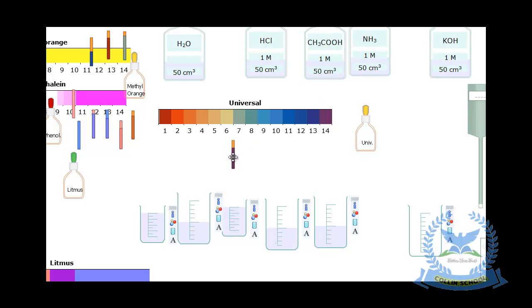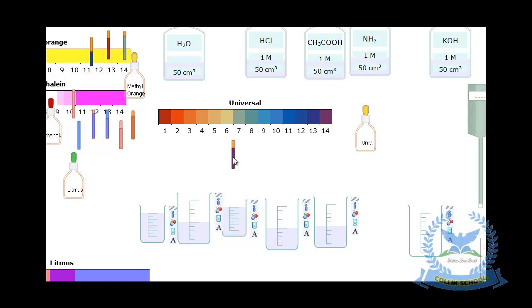What have we learned today? So today we've seen that the blue litmus paper remains blue in a base, remains blue in neutral substances, and turns red in an acid. We've also seen that the red litmus paper remains red in an acid, remains red in a neutral substance, and turns blue in a base.